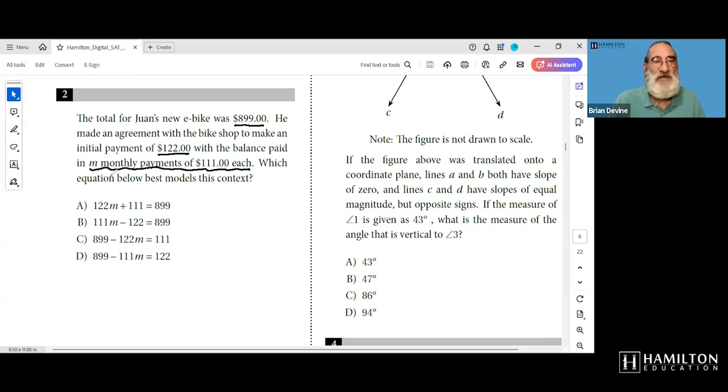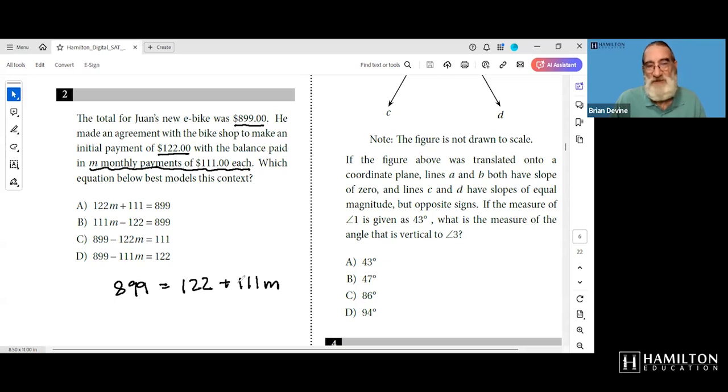Which equation below best models this context? Well, if the amount 899 is equal to the initial value plus 111 every month, then the words translate into that particular equation.